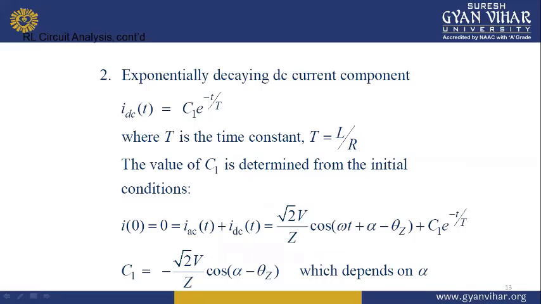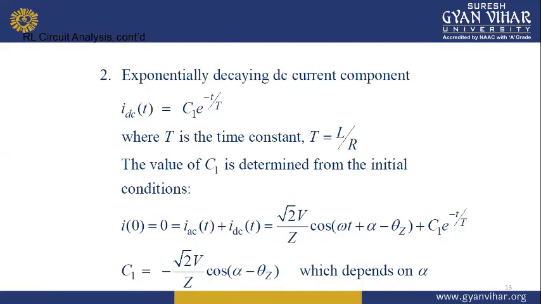The second is the exponentially decaying DC current component, which is your transient value. Now this IDC is given by C1 e to the power minus t upon T, where T is the time constant, equal to L upon R, the inductance of the circuit upon the resistance of the circuit. The value of C1 is determined from the initial conditions.